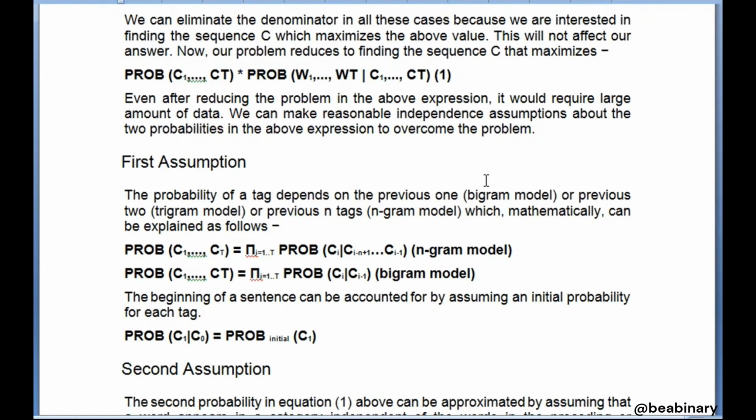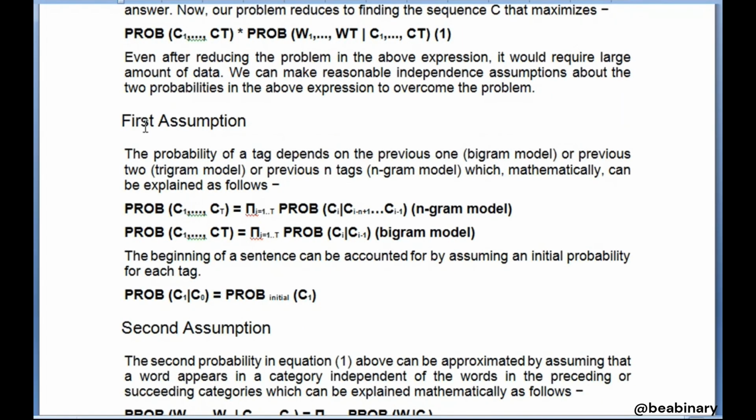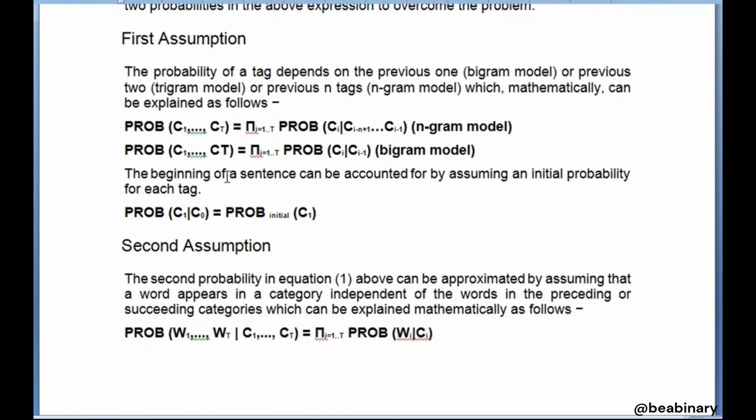The first assumption is that the probability of a tag depends on the previous tag, that is the bigram model; on the previous two, that is the trigram model; and on the previous n tags, that is the n-gram model.